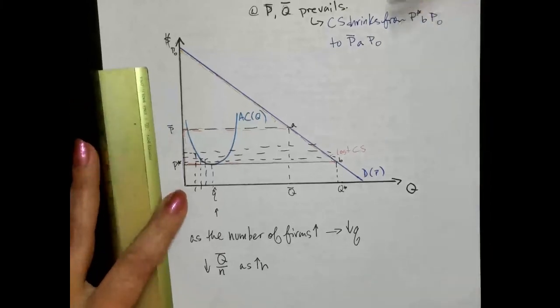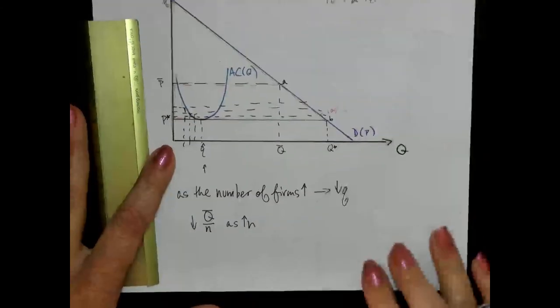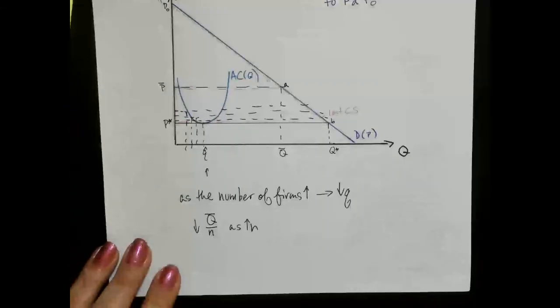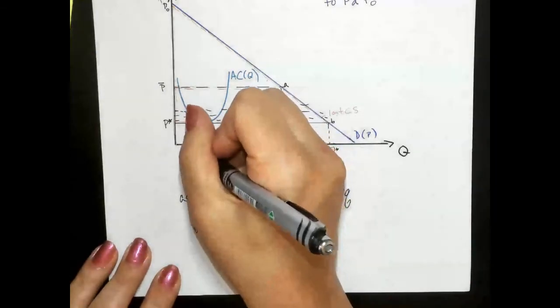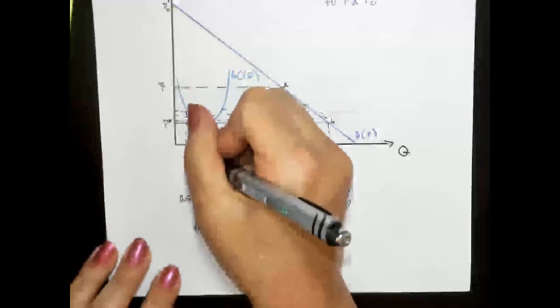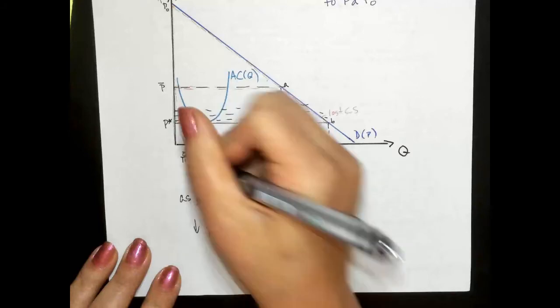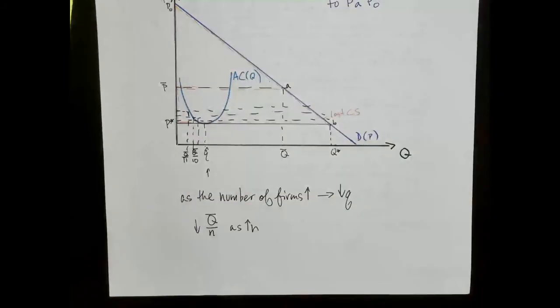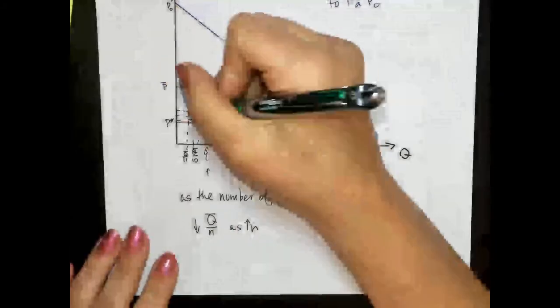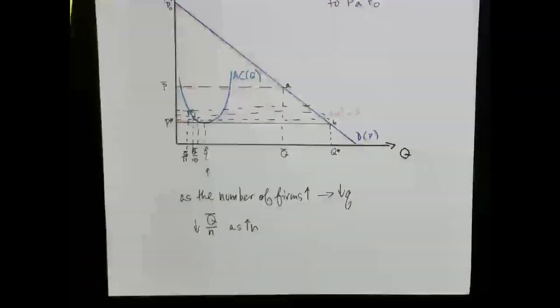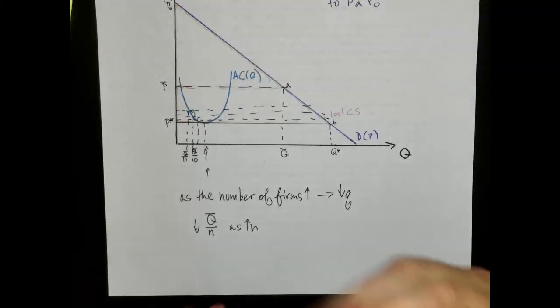Does that make sense? So if we started out with a situation with 10 firms in the market, maybe this is Q bar divided by 10. If we go to Q bar divided by 11, we're going to see our market move up the average cost curve, meaning that producing the same market quantity is getting more expensive.